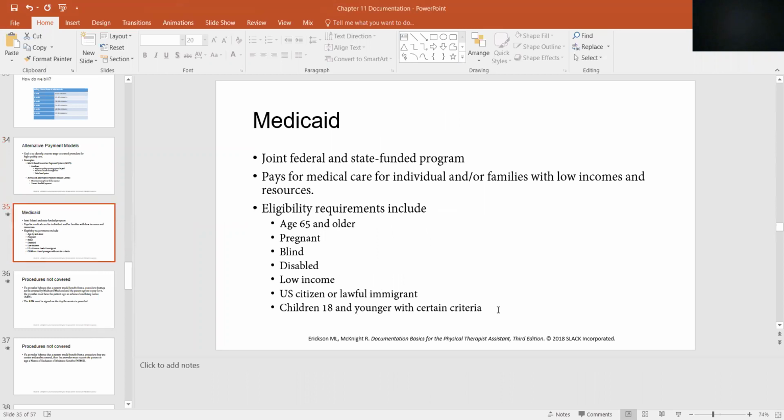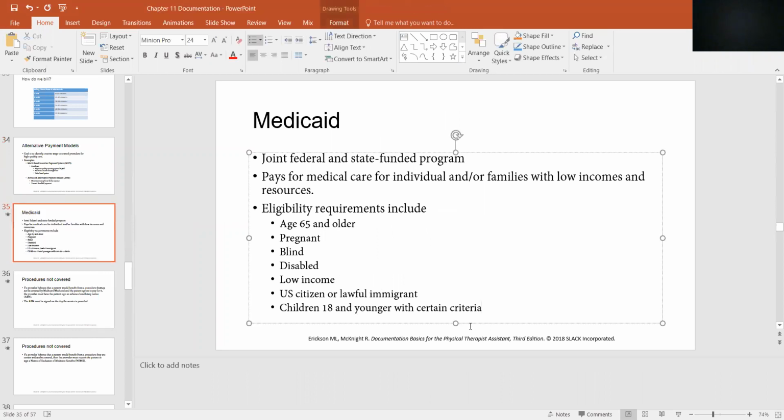Medicaid, you know, it's administered by state and federal, but mostly you're going to be dealing with state health and human services when you have any issues with Medicaid. In the state of Nebraska, we've been having a lot of difficulties with the insurance companies who administer Medicaid approving physical therapy visits and then denying a lot of claims.